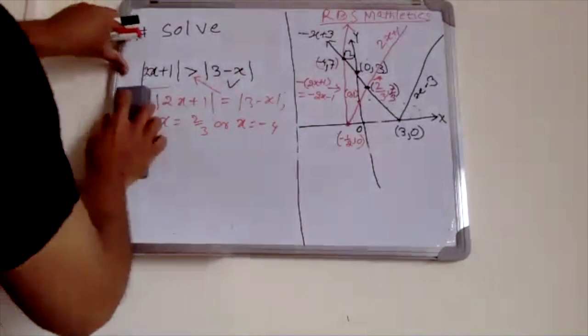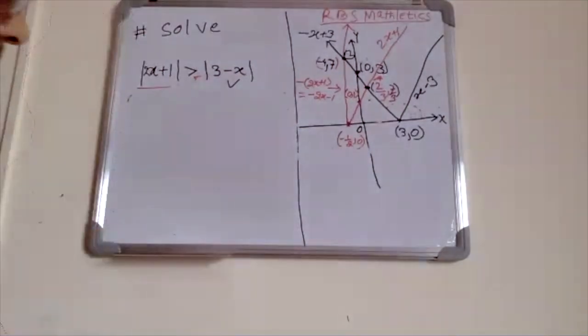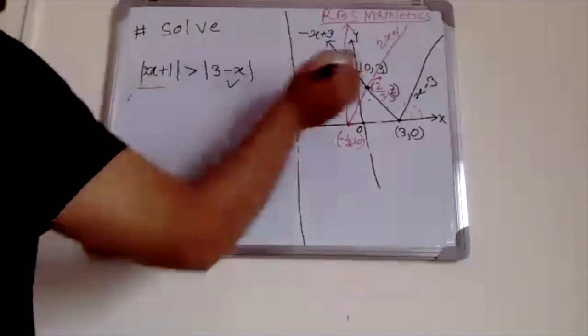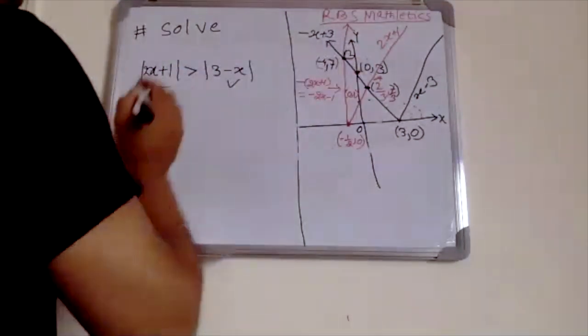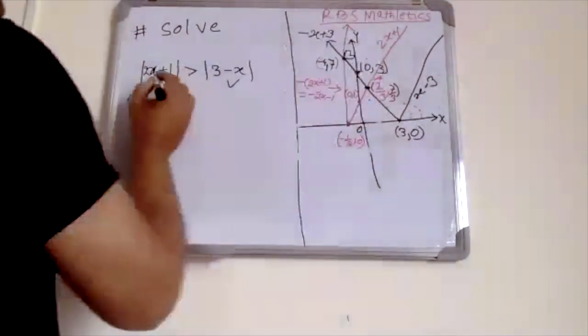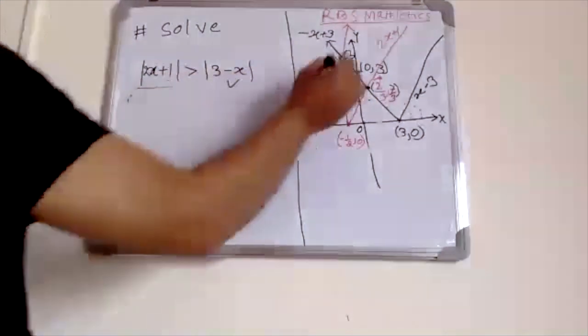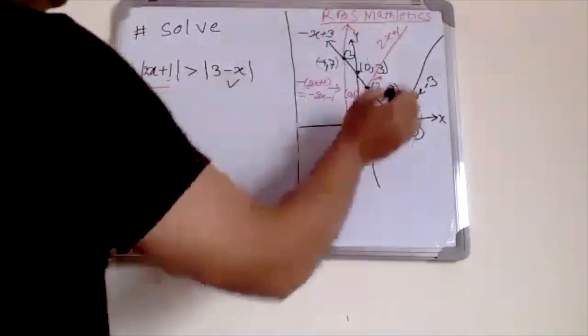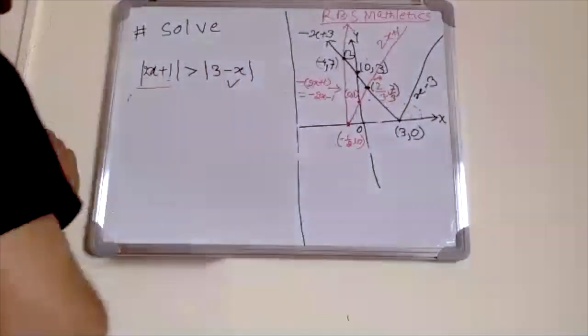So I'm just going to clear it now. So we shall now analyze the graph, comparing it with this inequality. You can see here the red colored graph is for the first function, and the dark colored graph is for the second function.